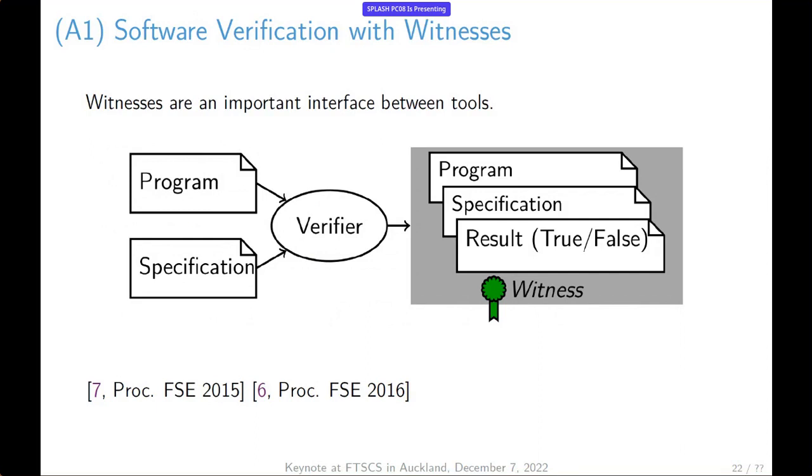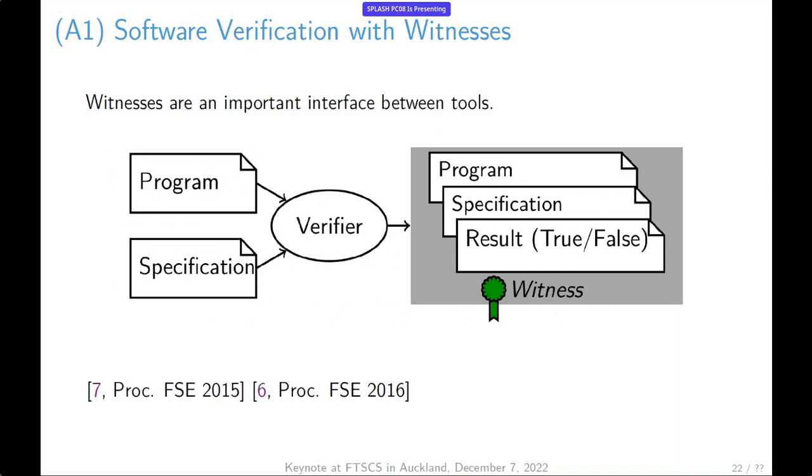And the first example or application, I call it A1, application 1, I want to explain software verification with witnesses. So what is this? Because witnesses are really so important in our verification ecosystem.